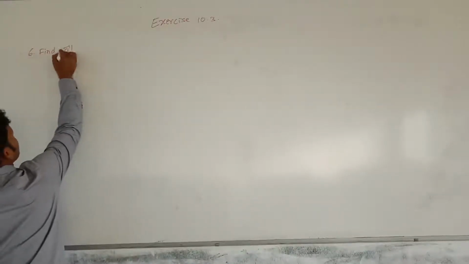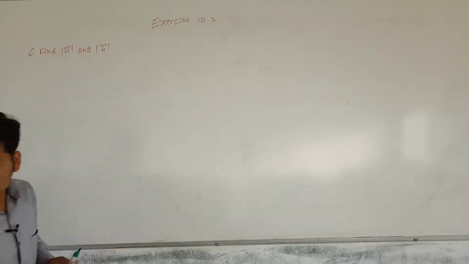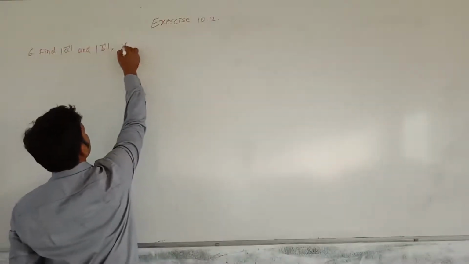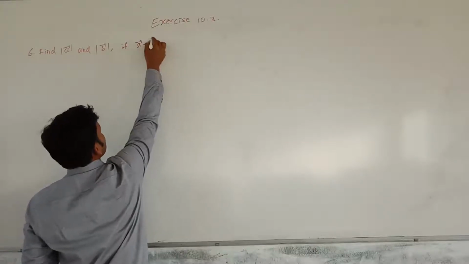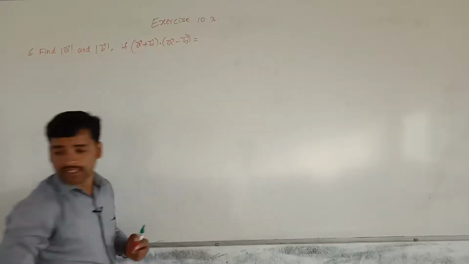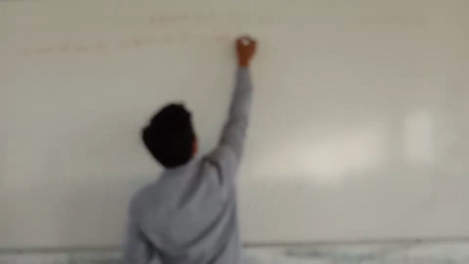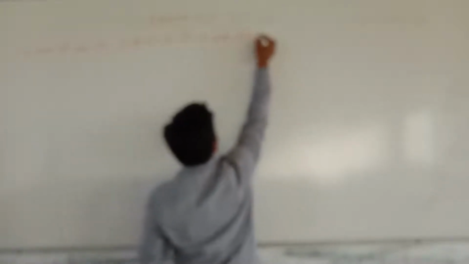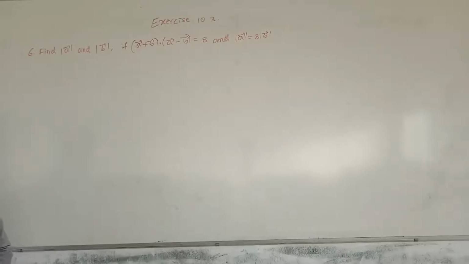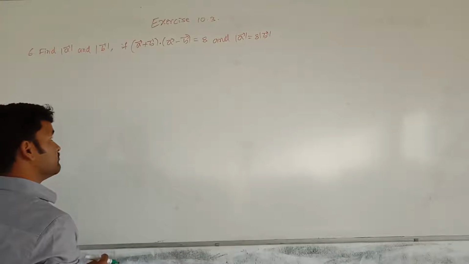Find magnitude of vector A and magnitude of vector B if vector A plus vector B in dot product with vector A minus vector B is equal to 8 and magnitude of vector A is equal to 8 times magnitude of vector B. We need to find out magnitude of vector A and magnitude of vector B.